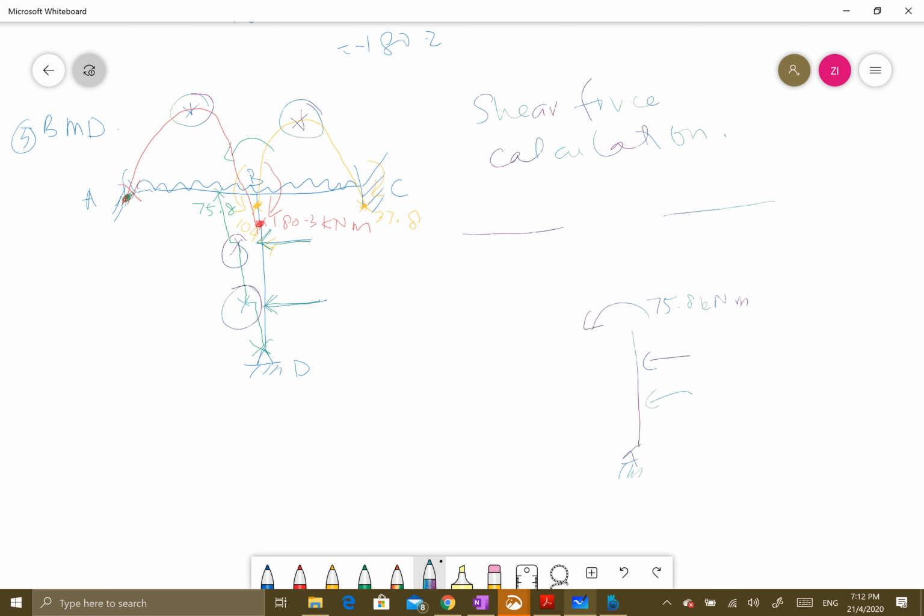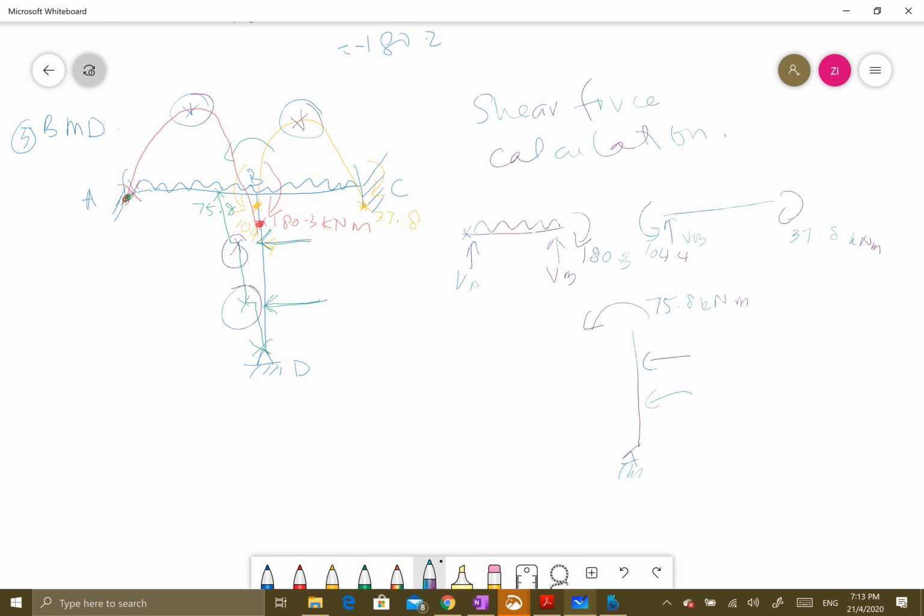so just draw. Okay, and for this part is also 0. Let me draw this for a while, and here is 104.4 and here is 37.8. Okay, so you can find VA, VB.